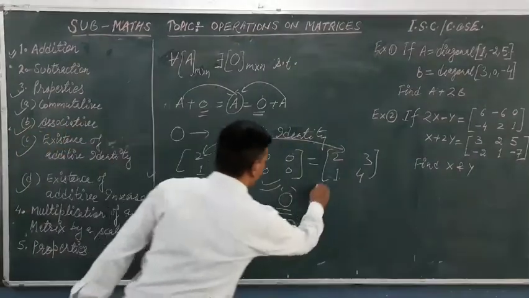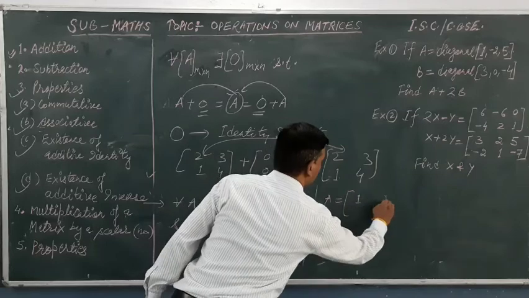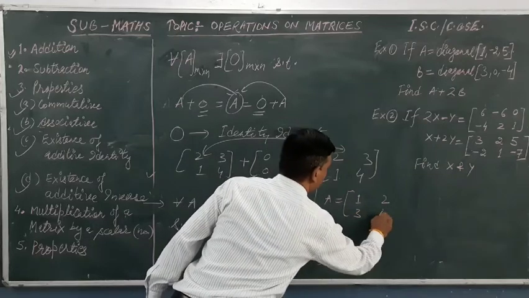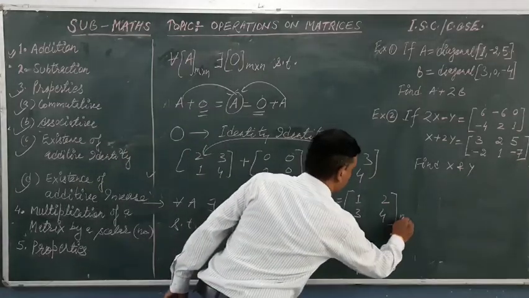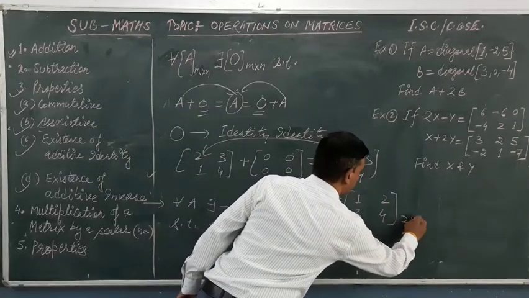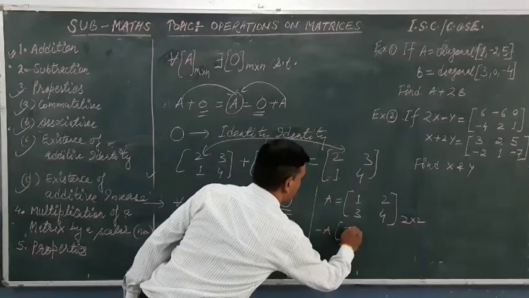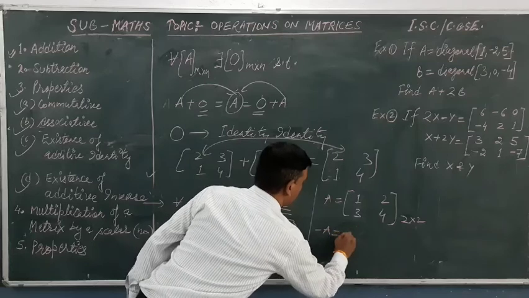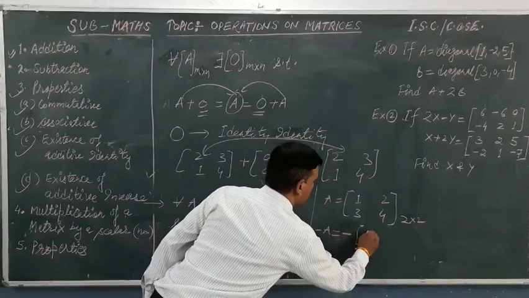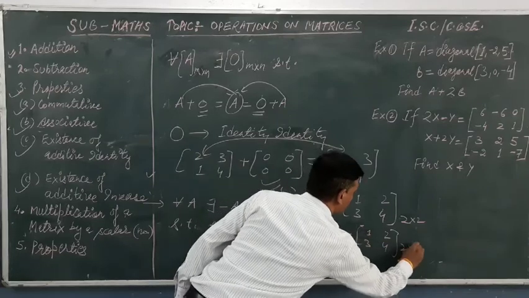For example, suppose I have a matrix A equal to 1, 2, 3, 4. The order of this is 2 by 2. So there always exists another matrix of the same order, minus A, which is equal to minus of 1, 2, 3, 4, of the same order 2 by 2.